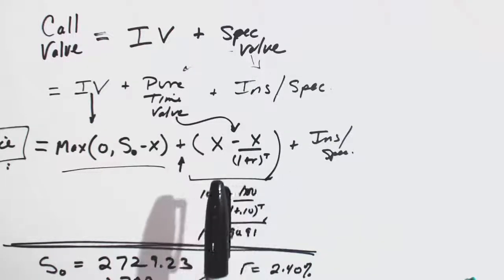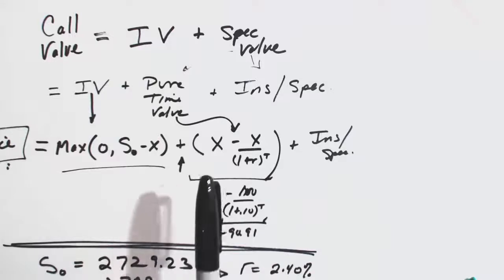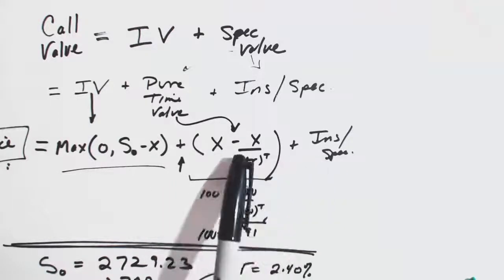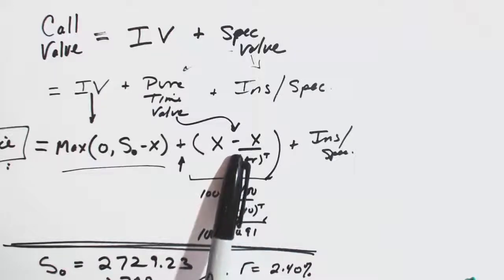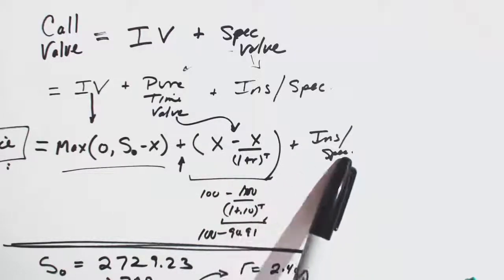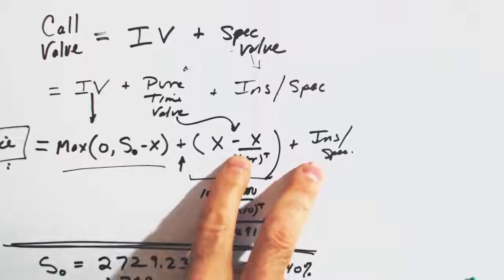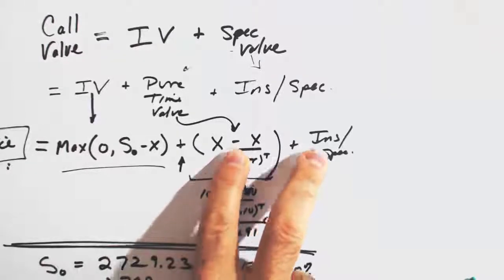So the question boils down to, should I exercise early an American option on a stock that has a dividend? Is the dividend greater than this value? If the dividend that you're going to get your hands on from exercising the option is greater than the sum of these two components, exercise the option, get the stock, because this will be worth more than the value that you're throwing away.